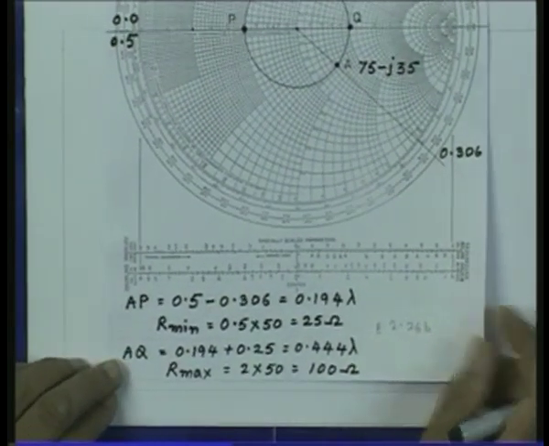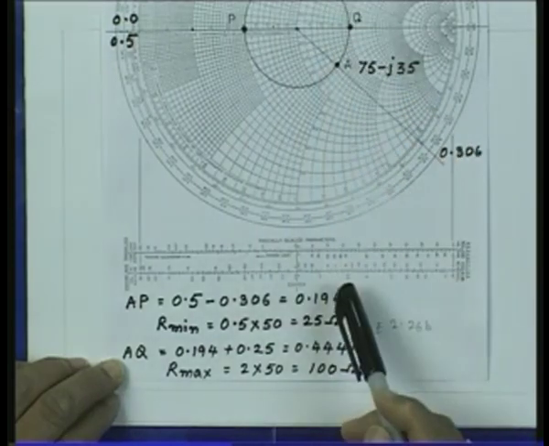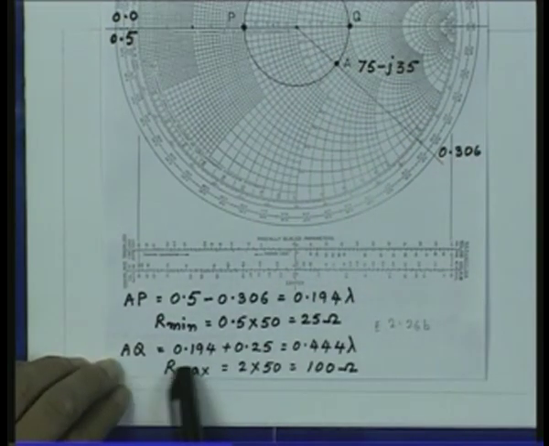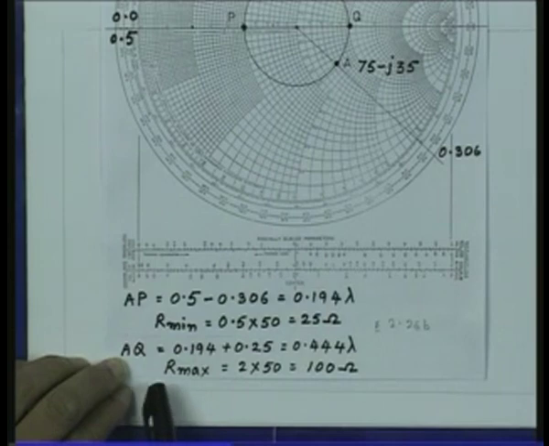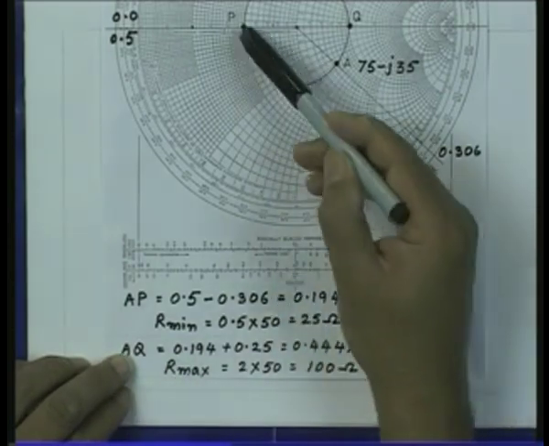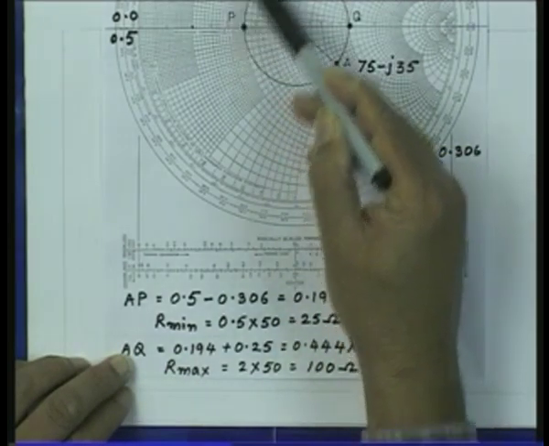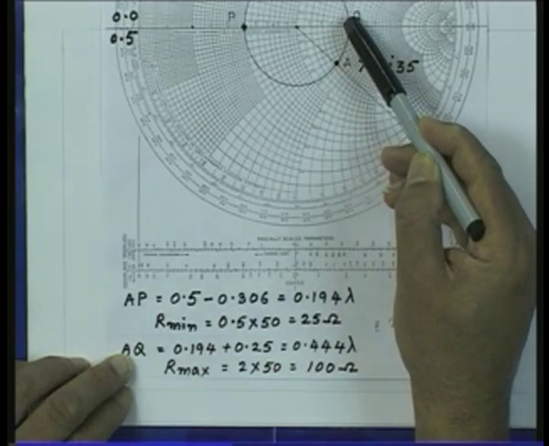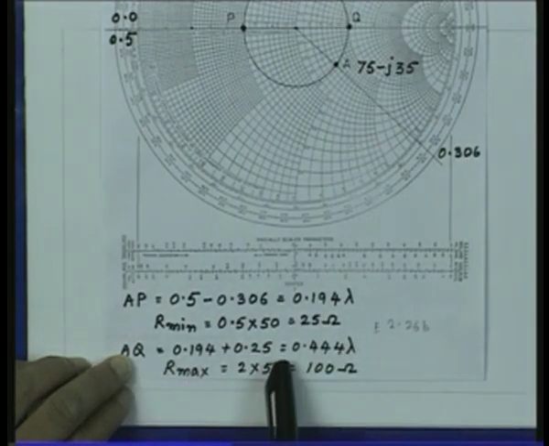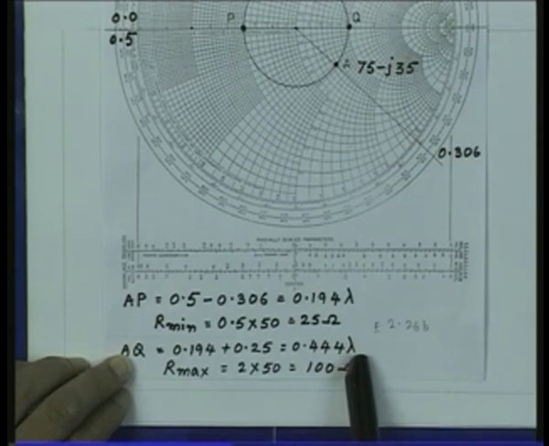Other possibility, if I go from A to Q, then the distance AQ will be 0.194, which is this distance, plus lambda by 4, 0.25. So, that distance will be 0.444 lambda.